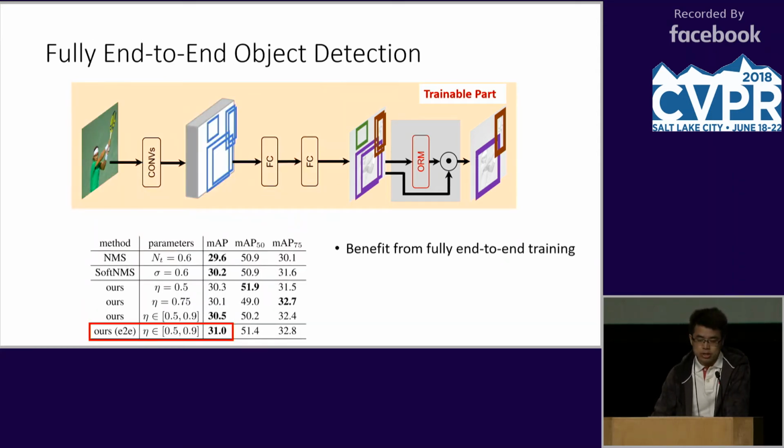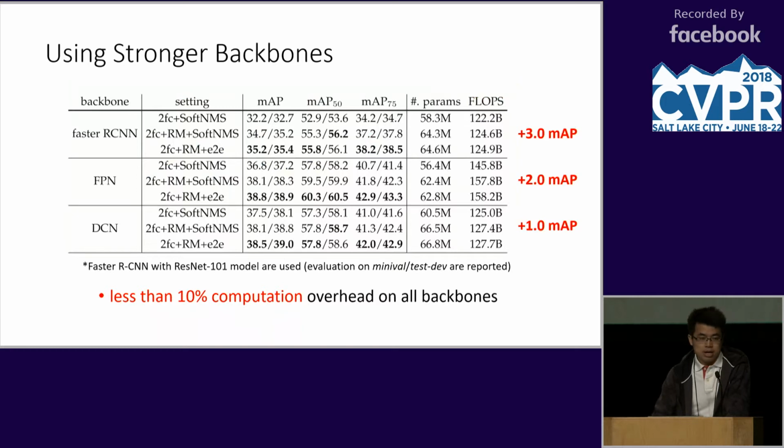We then train all steps in an end-to-end fashion, and an additional 0.5 improvement is observed. On stronger backbones such as feature pyramid network and deformable convolutions, we also have moderate improvements with small computation overhead.